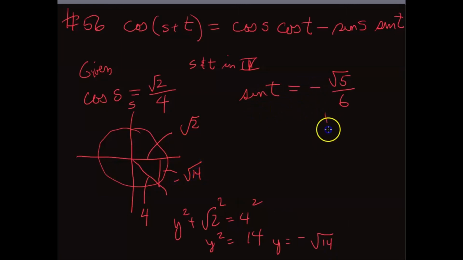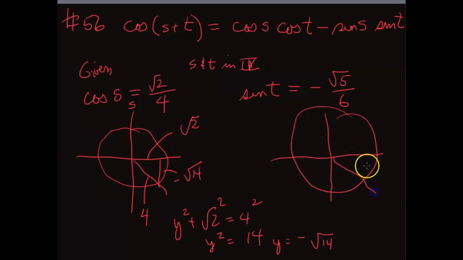The sine of t has its own little picture. Also in quadrant 4, this must be t here, this is s. Sine is negative square root of 5 over 6, so this is the negative square root of 5. Hypotenuse is 6.